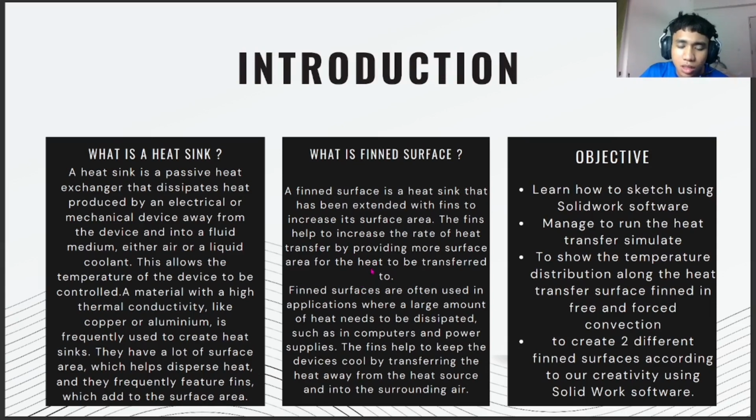Fin surfaces are often used in applications where a large amount of heat needs to be dissipated, such as in computers and power supplies. The fins help to keep the device cool by transferring the heat away from the heat source and into the surrounding air.